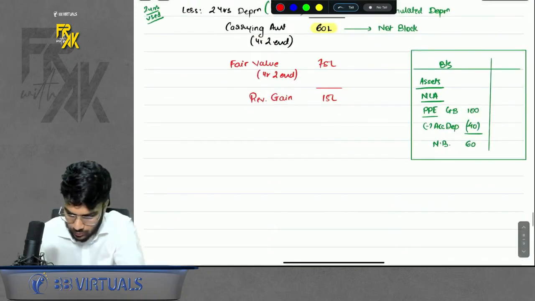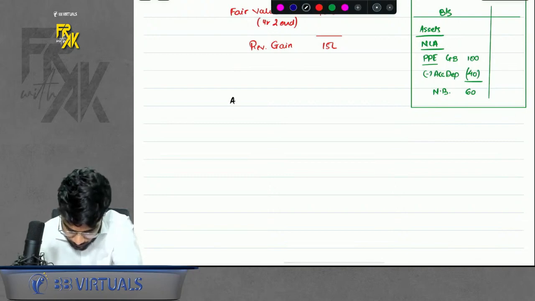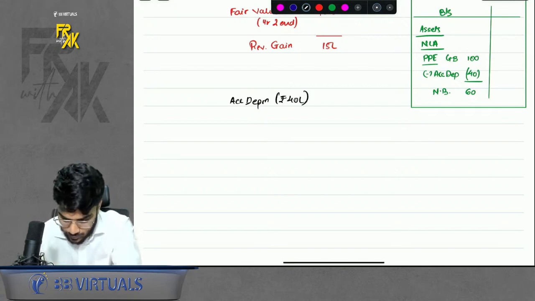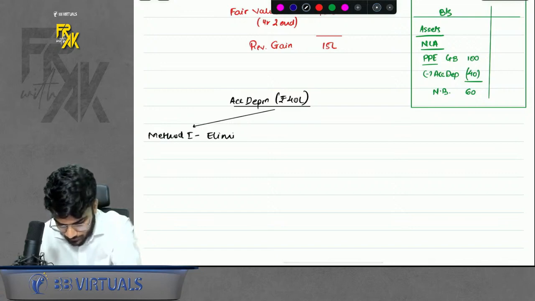So we can write it down as accumulated depreciation was rupees 40 lakhs. As I said, 2 treatments have been prescribed. Method number 1 is that we will eliminate accumulated depreciation.